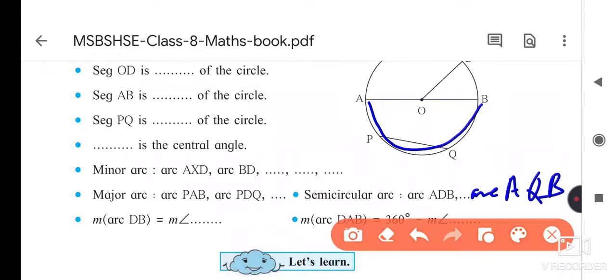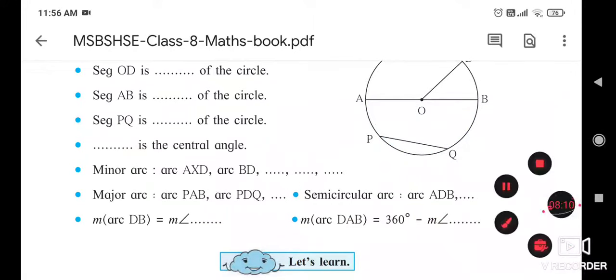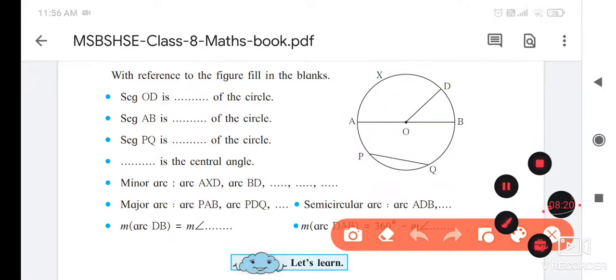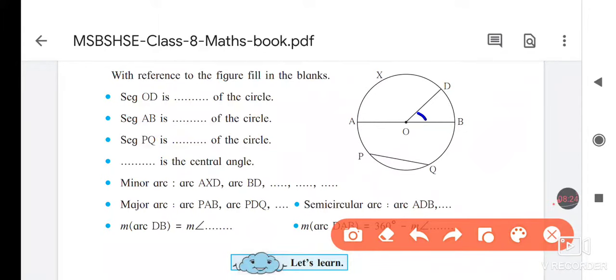Okay, then the next point is to fill in the blanks: the measure of arc DB is equal to what? As you know, the measure of the central angle and the intercepted arc is the same. So the measure of arc DB is equal to the measure of angle DOB.